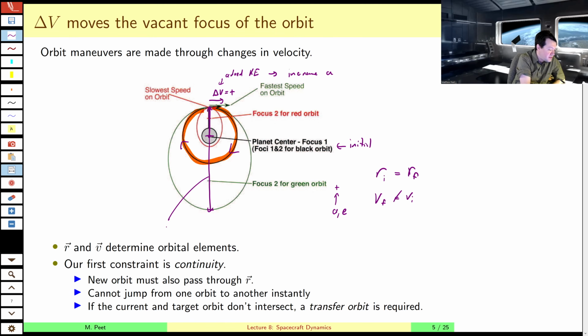So that's RA, that's RP, and remember RP plus RA equals 2A. So because RP can't change, the only thing left that can change is RA. And so when we increase the velocity, we increase kinetic energy, and therefore we increase our semi-major axis and raise our apoapse.